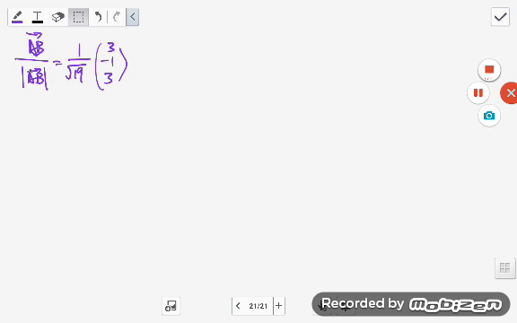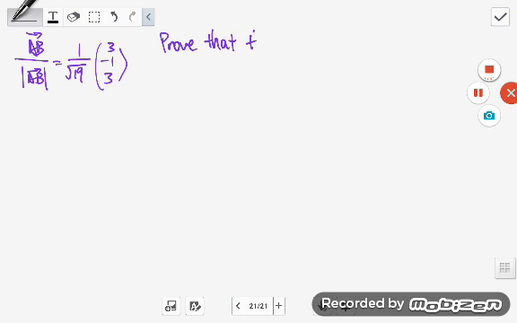And I have found this unit vector in the direction of AB. And let's prove that this unit vector has a length of 1 unit. Because that's the definition of a unit vector, right? It must have a length of 1 unit.